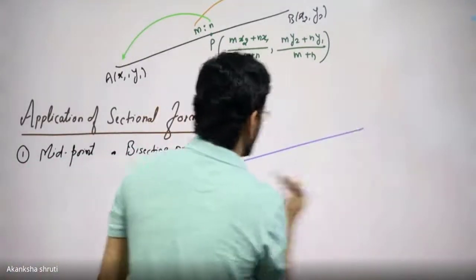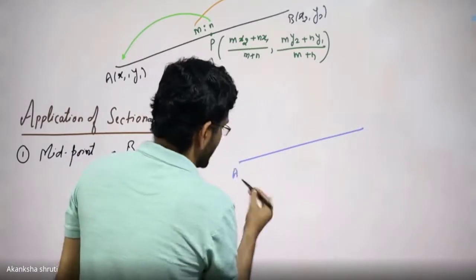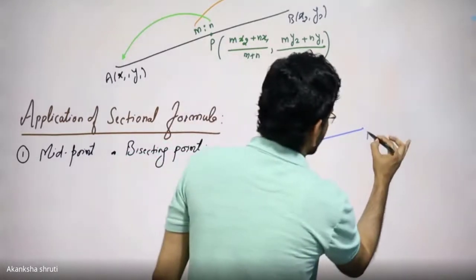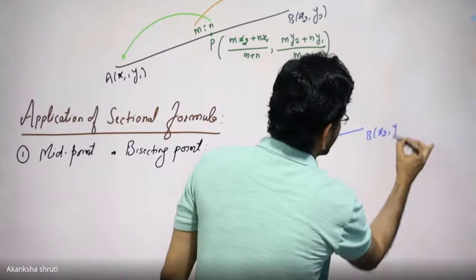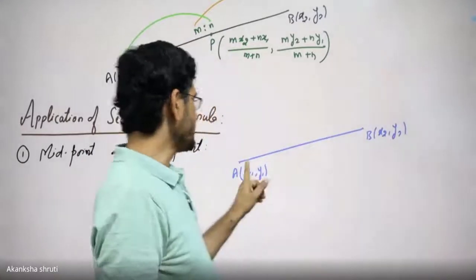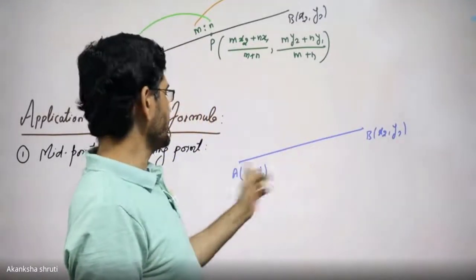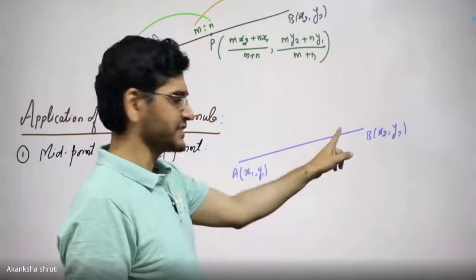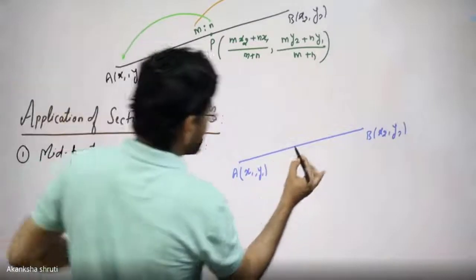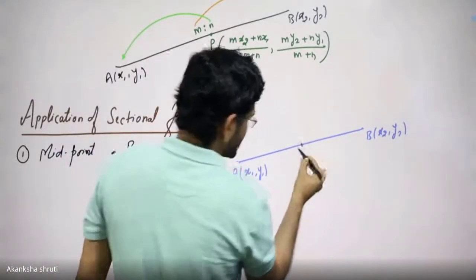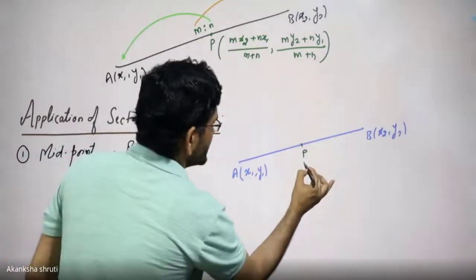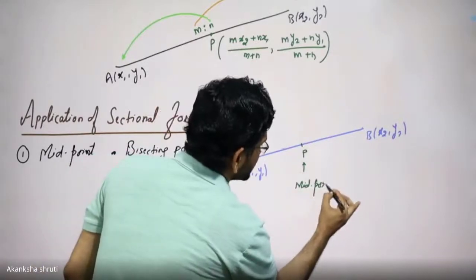If we consider a line segment with end A having coordinates x1, y1 and the other end B with coordinates x2, y2, and we take a point in between AB which is equidistant from A and B, and it must be on the same line, meaning it should be in the exact middle, this point P is in the middle. So this is the midpoint.